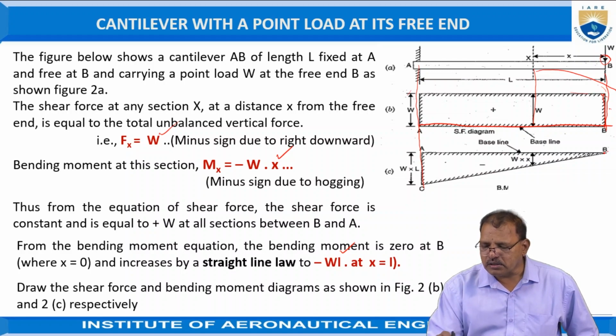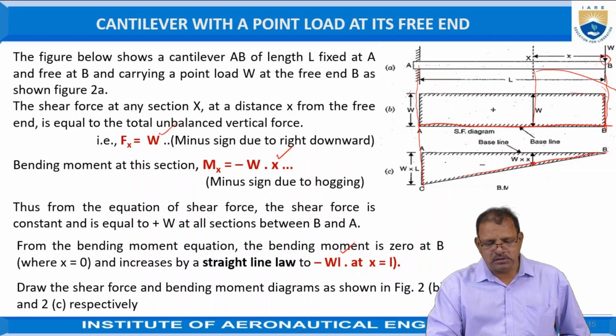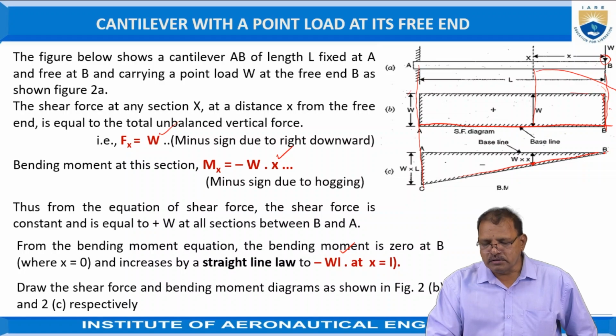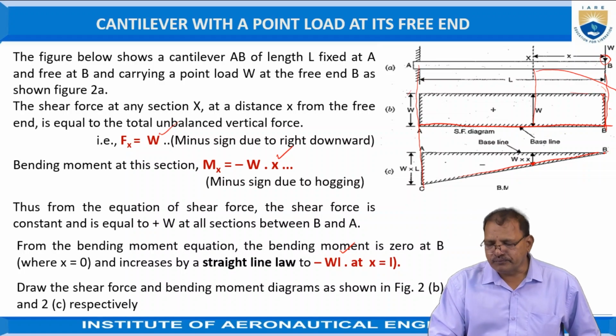At B it is equal to 0, at X it is equal to W into X, and at point A it is equal to W into L. If you draw down the points, it is always in the form of a straight line. This is known as the bending moment diagram.